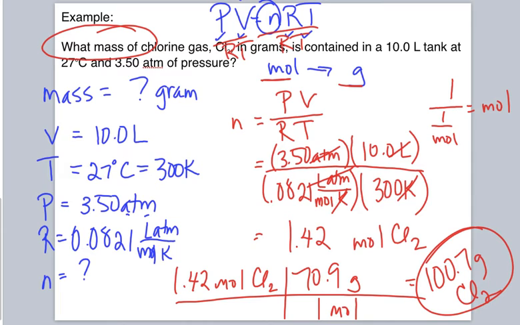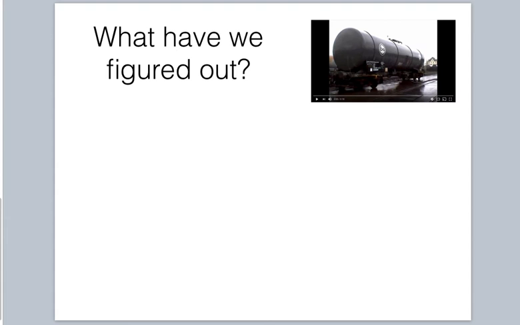So now, let's come back to that tanker car. What have we figured out? Well, according to the video, that pressure tanker initially was pressure washed with steam. So it was washed with hot water, excuse me. And when it was initially washed, the door to that tanker was open.